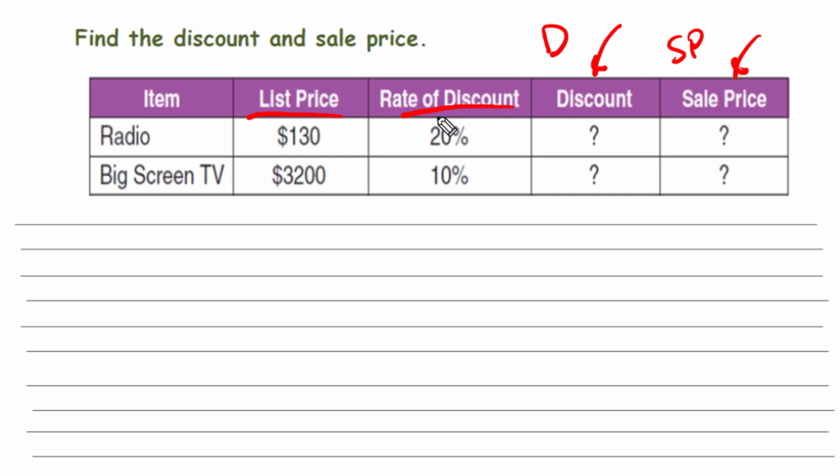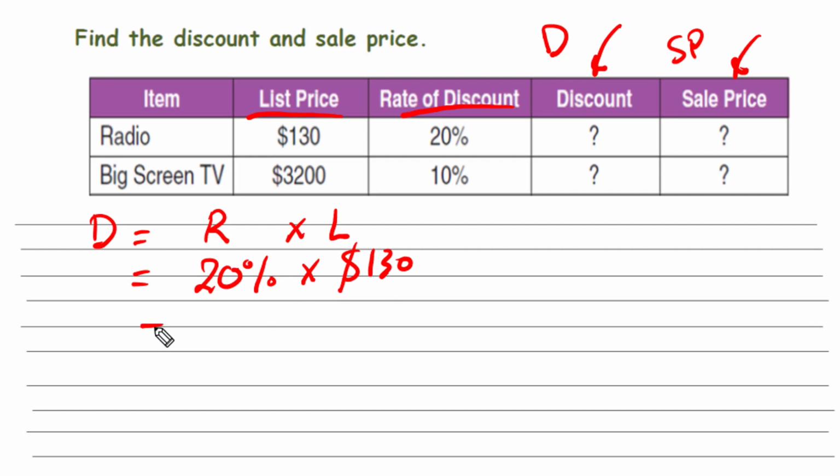First, find the discount. To find the discount, just multiply the rate of the discount by the list price. The rate of the discount is equal to 20%. We can write 20% times the list price, which is $130.